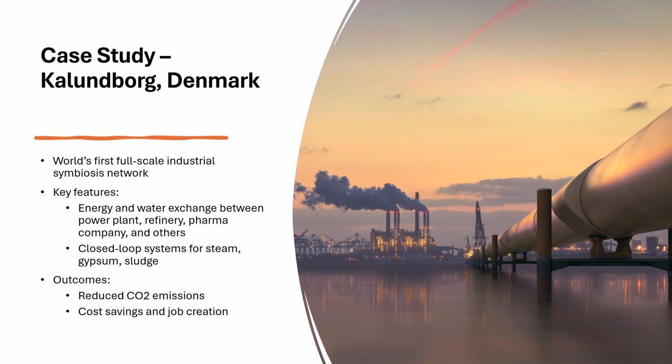The outcome of this Kalundborg industrial symbiosis network is reduced CO2 emission, cost saving, and creating jobs for people around there. So this is one of the world's full-scale industrial symbioses, involving more than 10 different industries.